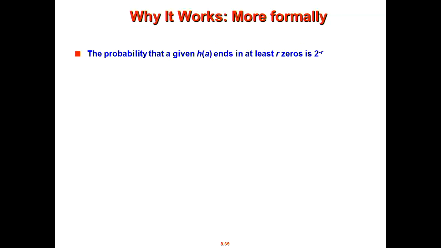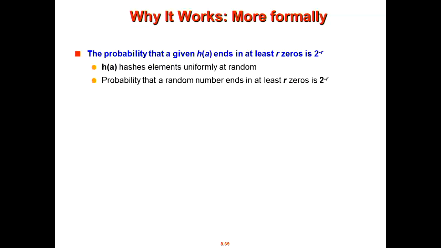And we can use a more formal analysis like this. The probability that a given h(a) ends in at least R 0s is 2 to the power of minus R. It means that for a given element a, and we have a hash function h, h(a) hashes the elements uniformly at random to the range from 0 to n.